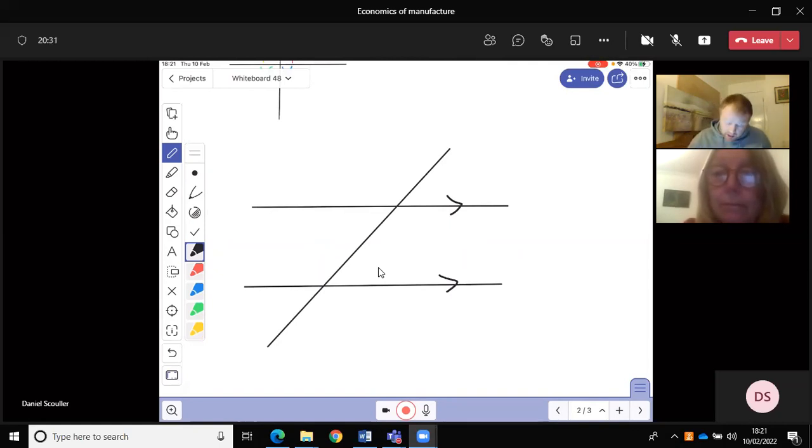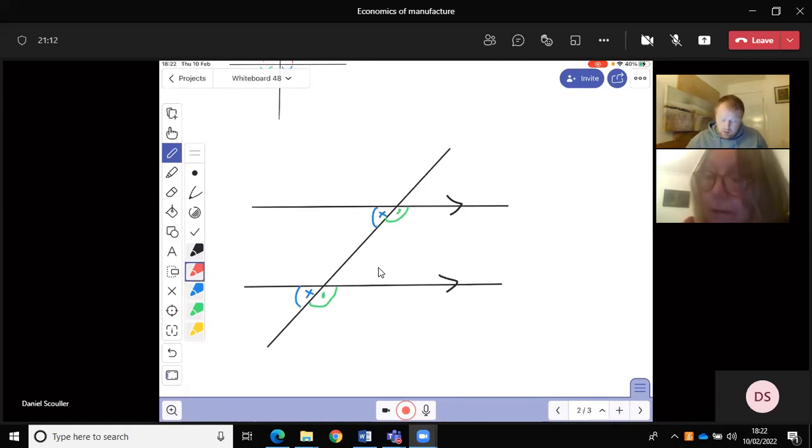Now, the angles you need to be aware of are called the F angles and the Z angles. So that angle in there and that angle in there will be the same. That angle in there, let's call that O, call it whatever you want, and that angle in there will be the same.